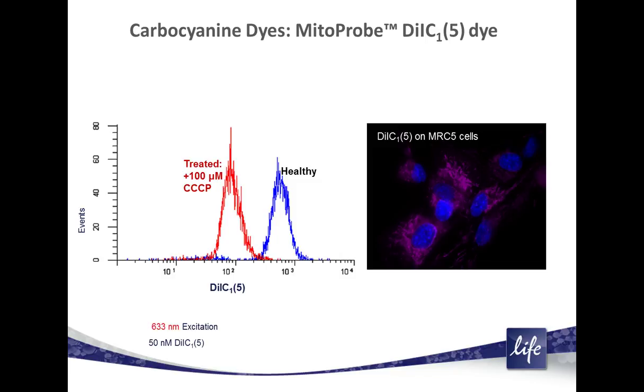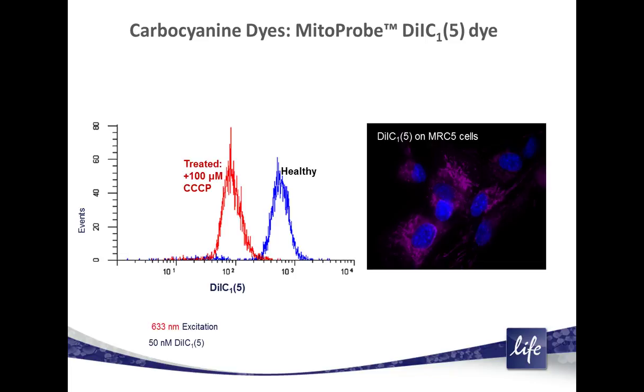DiIC1(5) is another cyanine dye that can be easier to use than JC1. This dye also has a positive charge that causes it to concentrate in active mitochondria. It is red fluorescent and excited with the 633 laser. There is no excitation by the 488, so this dye can be easily multiplexed with other reagents.